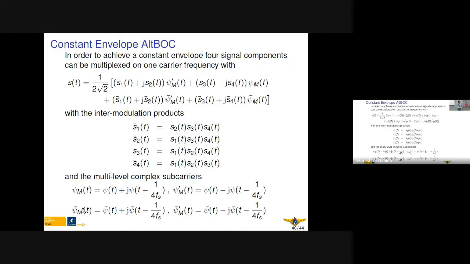That's why it's called m, for minus. The bar versions also use a sum of shifted versions of psi bar, with a plus, and psi bar m prime uses a minus in the superposition. So this is how to understand this.